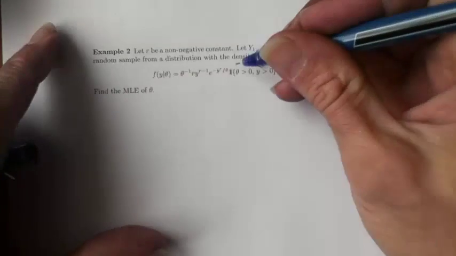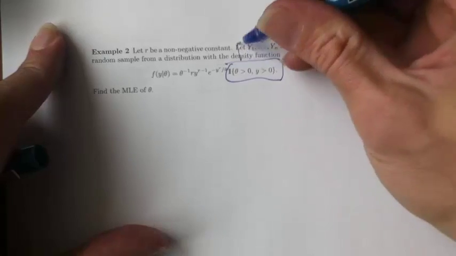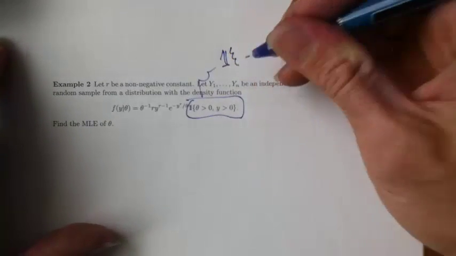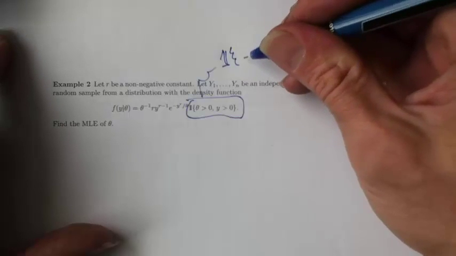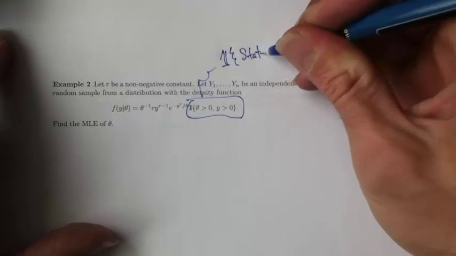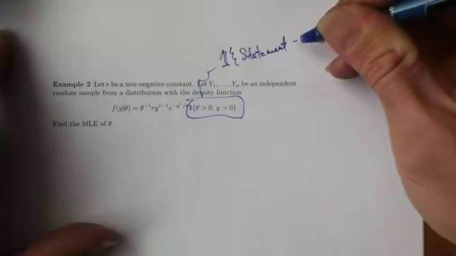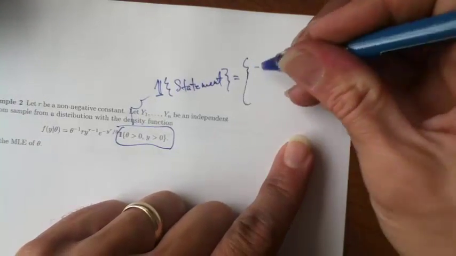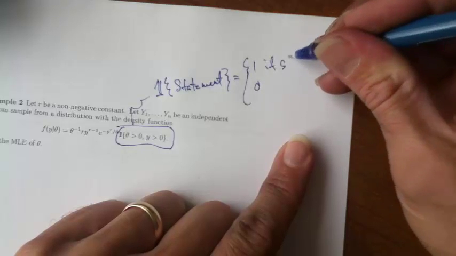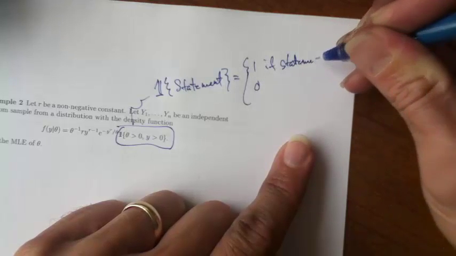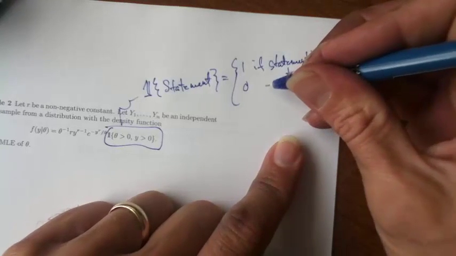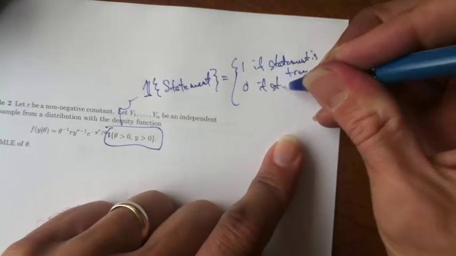By the way, if you're not familiar with this, this is an indicator function. We use these oftentimes. They come in handy. If I have a statement in here, then this evaluates to be 1 if the statement is true, and 0 if the statement is false.